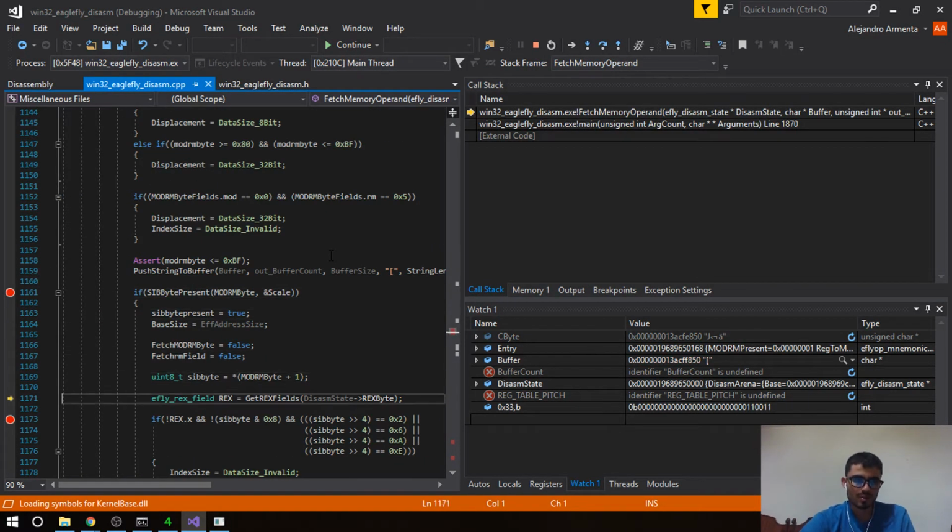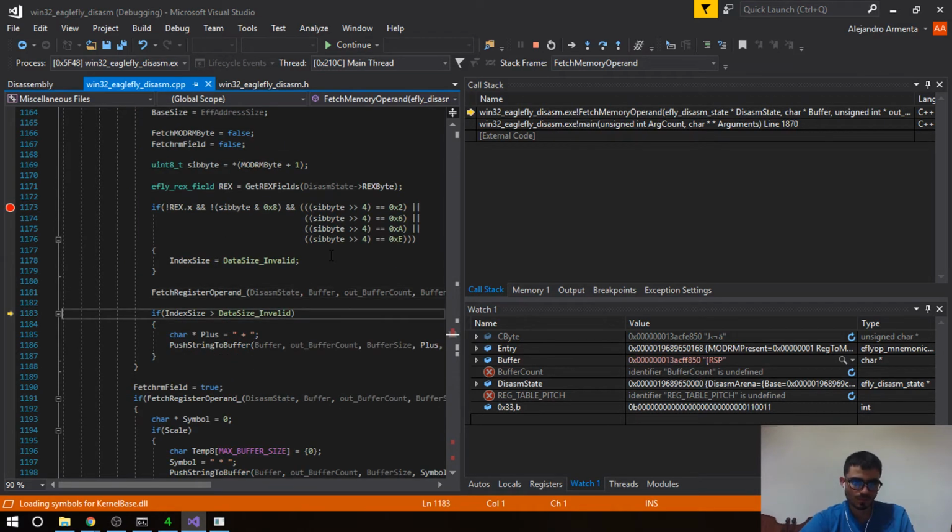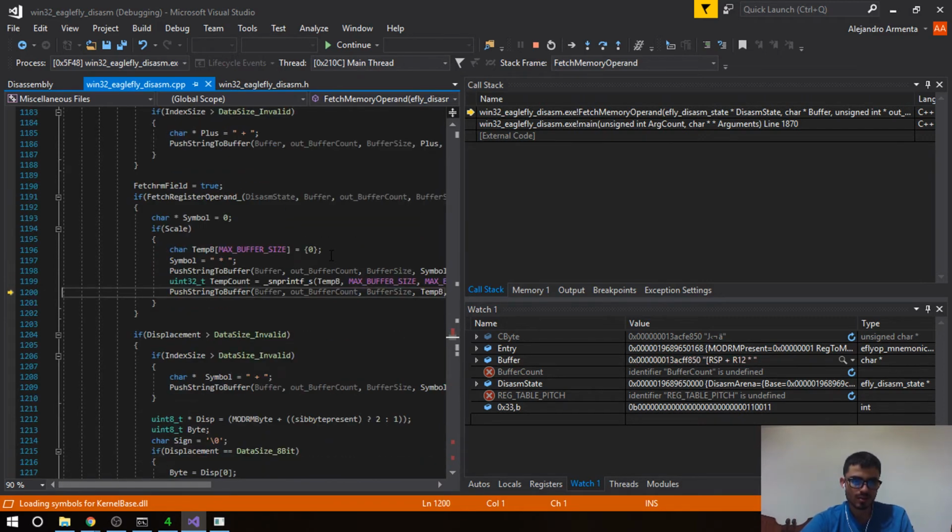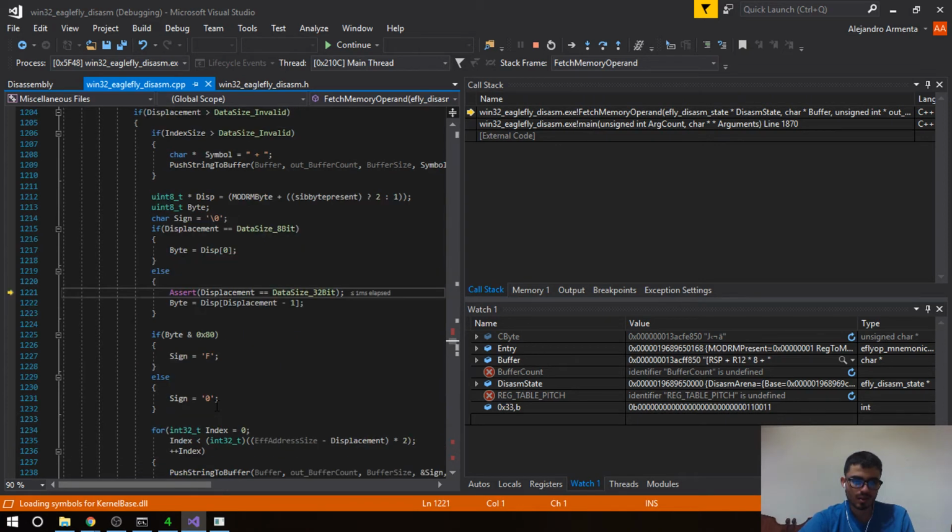We got the SIB, we got into there. Then we got the displacement, and there you go. The displacement has to be after the SIB, which is 0, 0, that's correct. And then we're gonna go into there, 33.